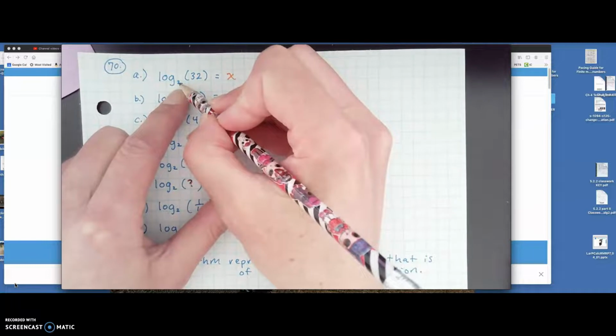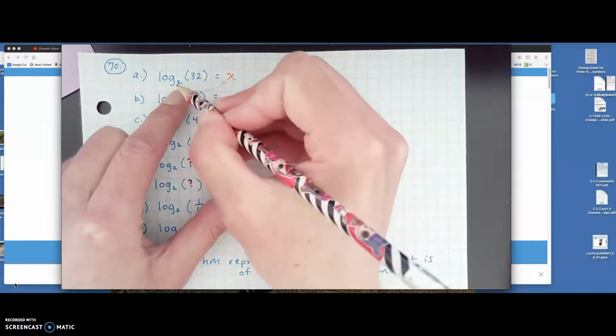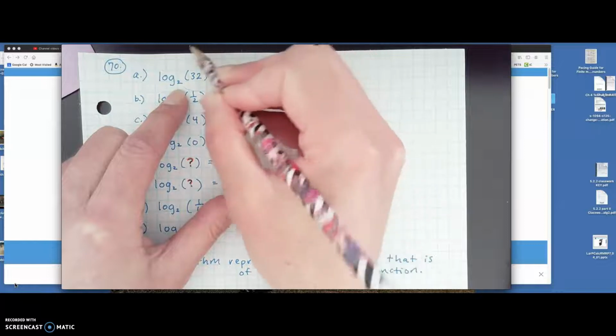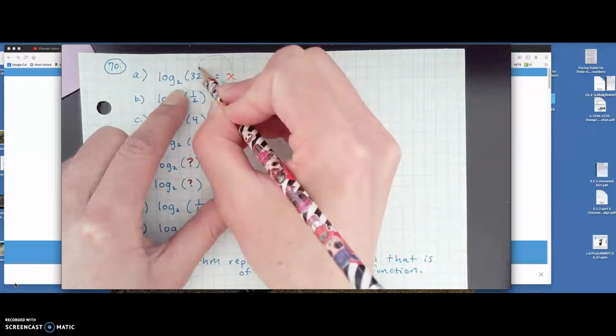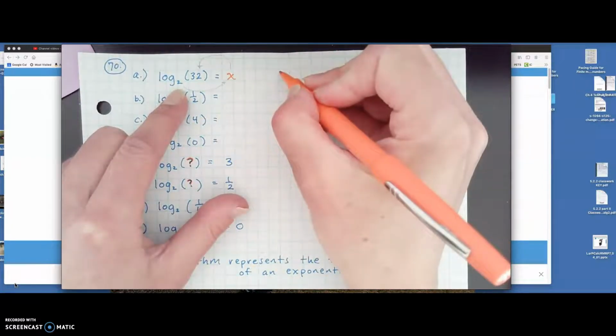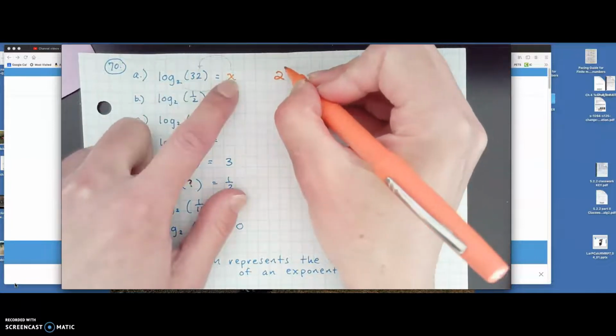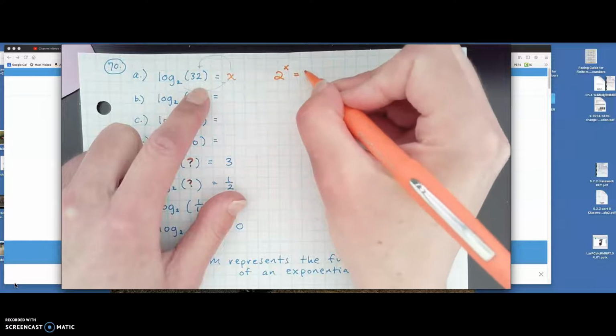So you're going to go to the base to the outside number. So I like to go counterclockwise if the logarithm is on the left side. And then you're going to set it equal to 32. So it's going to go 2 to the x power and then equals the 32.